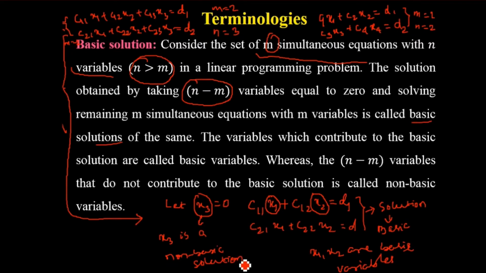Clear? So when we have simultaneous equations where equations are fewer than the number of variables, this case will come. When equations are more than the number of variables, that time it will be difficult.